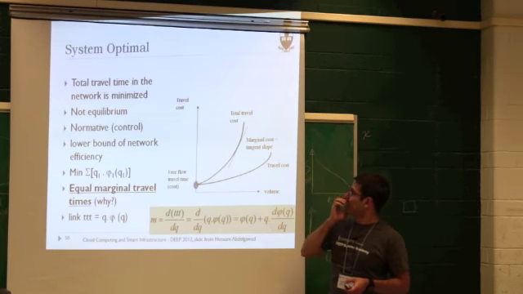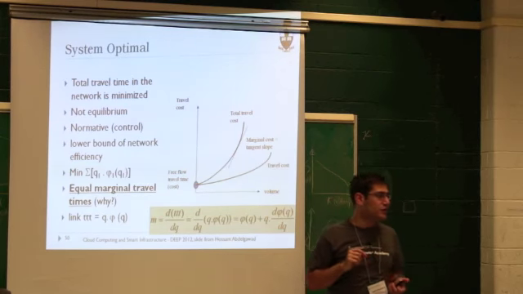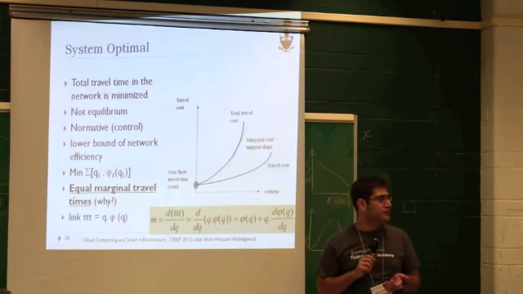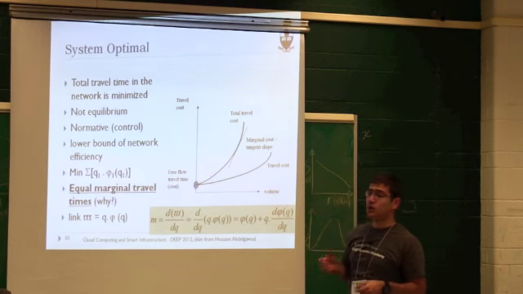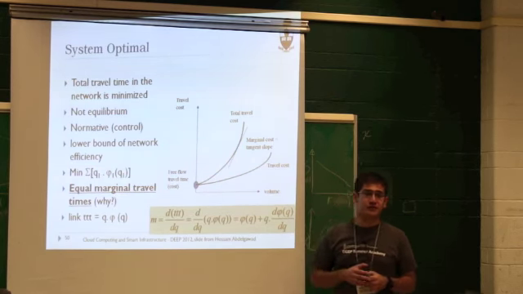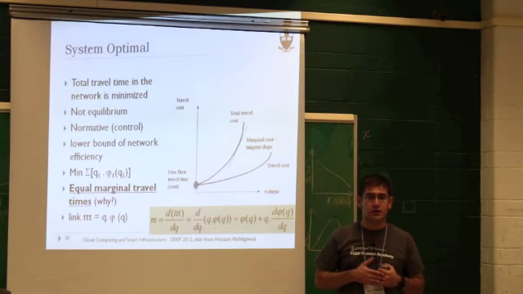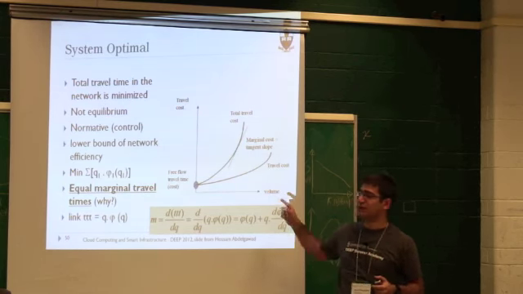So how can I find, if I have, let's say, 100 vehicles on link 1, how do I find the travel time on the curve? Tell me what I should do with my finger.